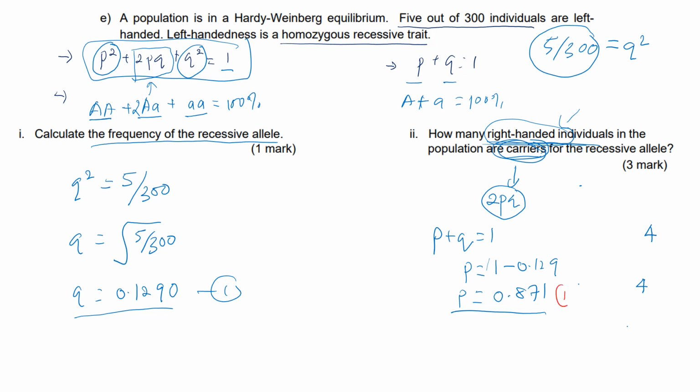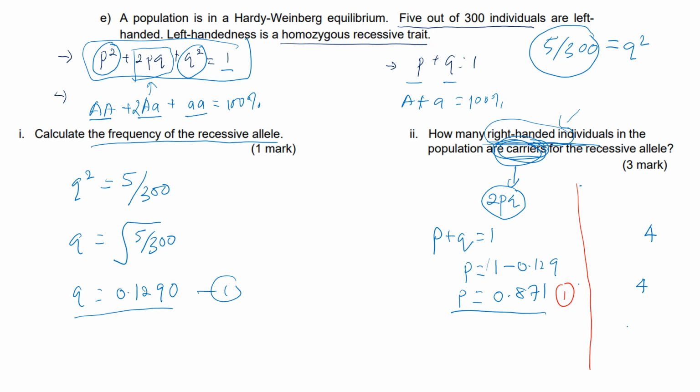And then from there, you can determine the frequency of the heterozygous, because you want individuals that have the dominant trait but are carriers. So obviously you want the heterozygous individuals.